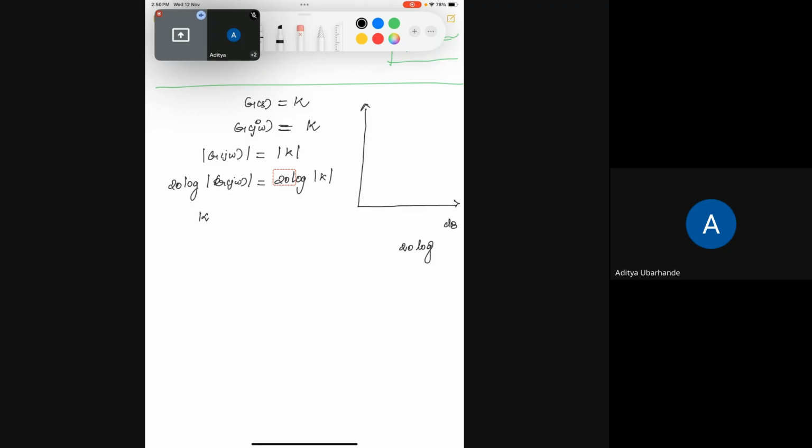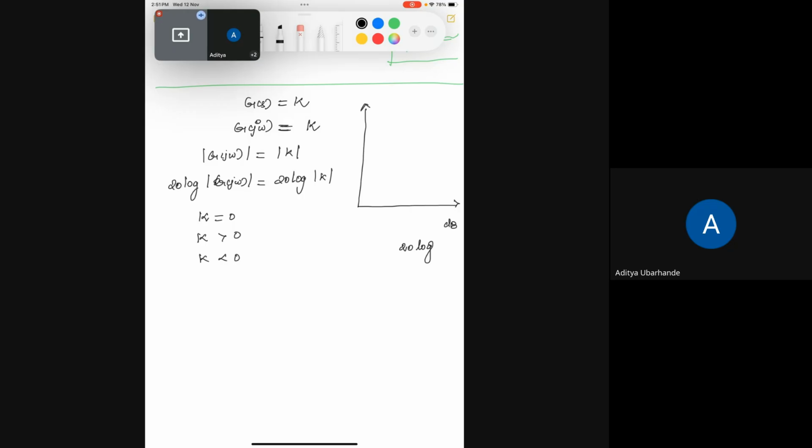Now consider a few values for K: greater than 1, equal to 0, less than 0. How will this look? Whenever I put K equal to 0, log 0 is undefined. For K not equal to 0, it will be just a straight line in dB. Whenever K is greater than 0, will it be positive or negative?